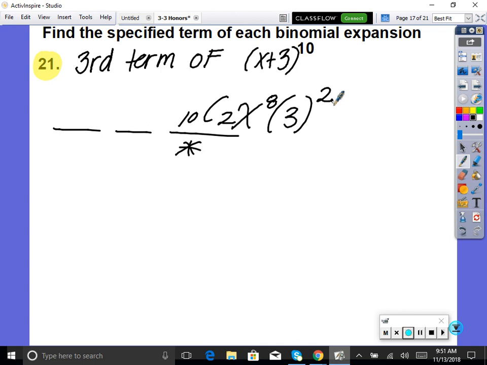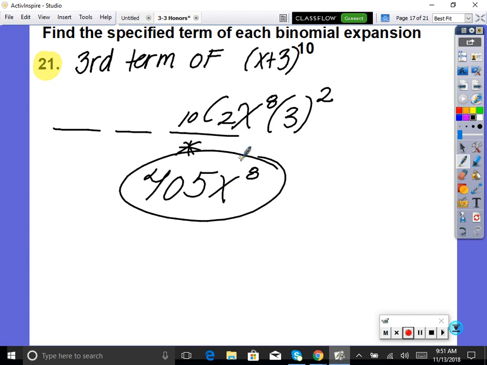So let's calculate this. Do 10 choose 2 times 9. In your calculator, type in 10 choose 2 times 9. 405? So this would be 405x to the 8th. That would be the 3rd term of the expansion. Okay, sweet.